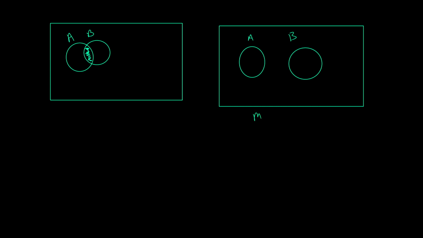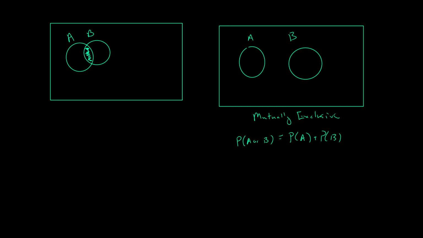When they don't share space, we call this mutually exclusive. And when we have mutually exclusive events, the probability of event A or event B happening is the same as the probability of A plus the probability of B. For example, let's say I have dice again: 1, 2, 3, 4, 5, 6.